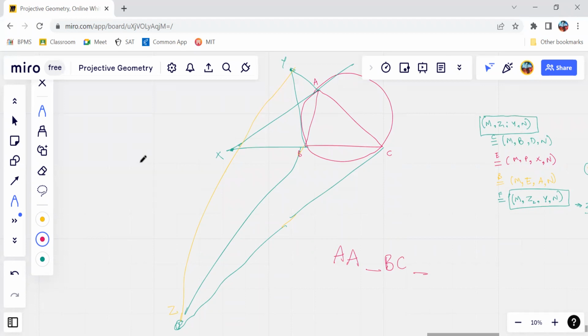Next we want Y, which is BB intersection AC, so you also want it to be of the form BB blank AC. The easiest way to fulfill both of these conditions is considering this hexagon, AABBCC. This gives us that AA intersection BC, BB intersection AC, and CC intersection AB are collinear, which is exactly what we wanted. This is just XYZ collinear.